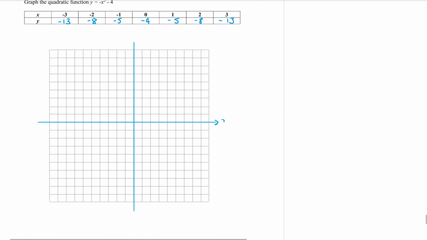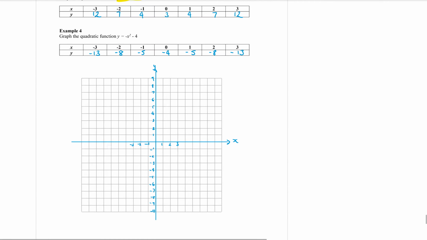So label these X and Y. So we've got 1, 2, 3, -1, -2, -3. So I can only get to 9. I'm not going to be able to get to the 13. But that's okay. We'll still get an idea of what it looks like.